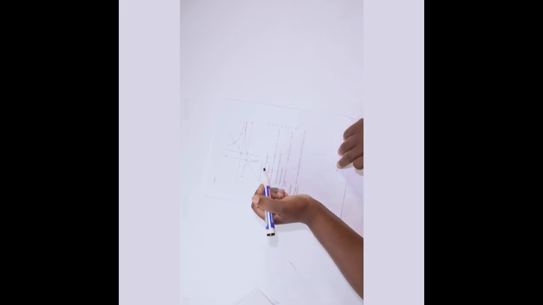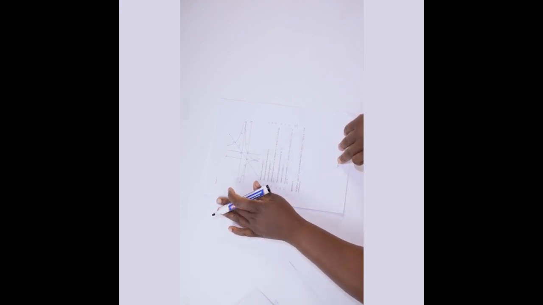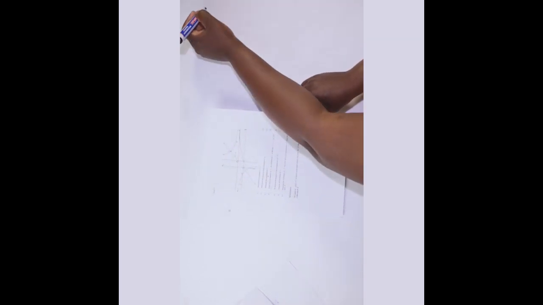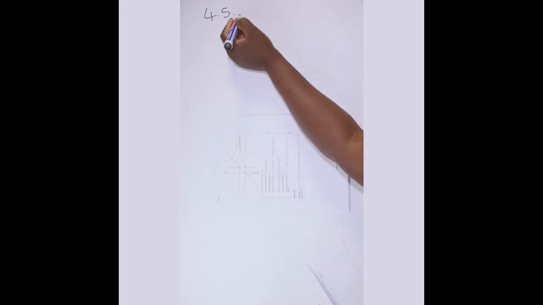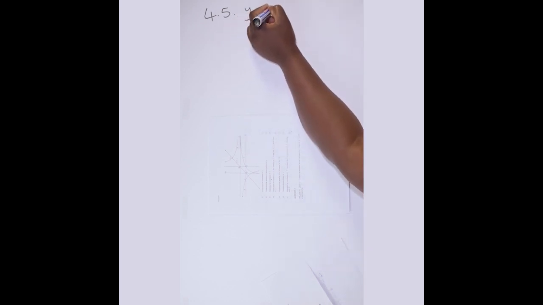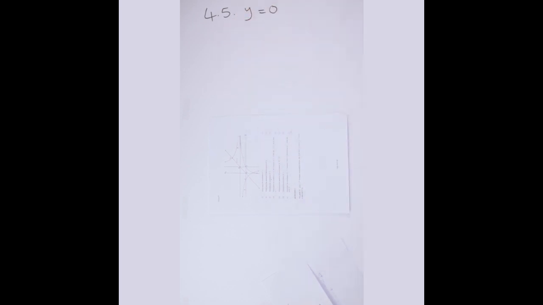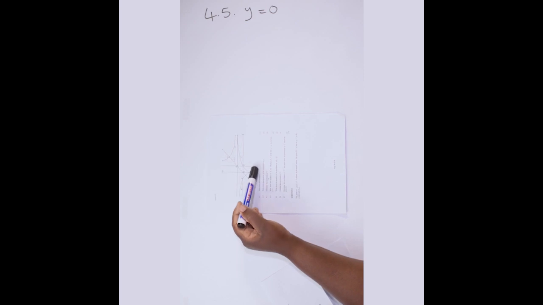Now, we are in 4.5, so let's write that down. The asymptote therefore will be y equals 0. It is y equals 0 because we are dealing with x minus 3 and it does not really have another asymptote than the one that is.